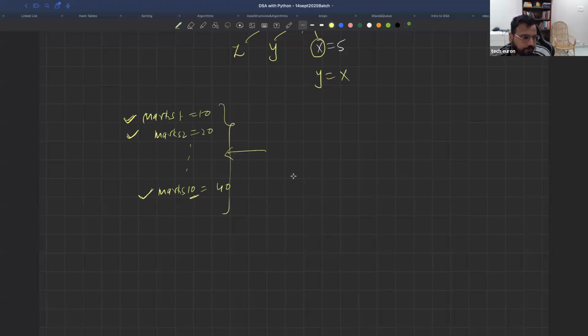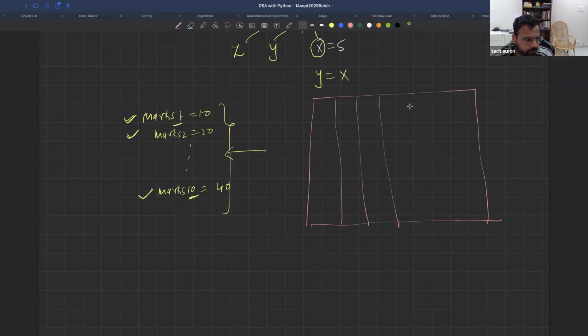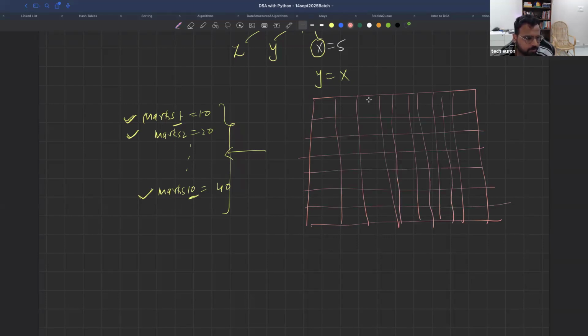So what we do is we take a part of memory. Suppose we want to store 10 marks, marks1 to marks10. So in this memory, suppose this is a big memory block, and there are a lot of memory blocks.